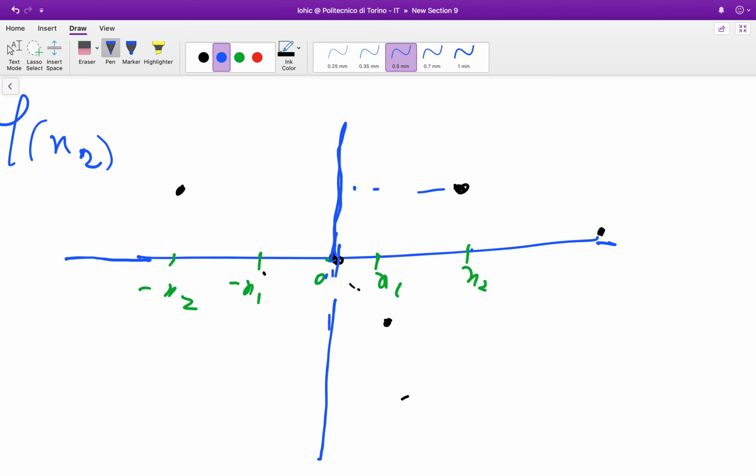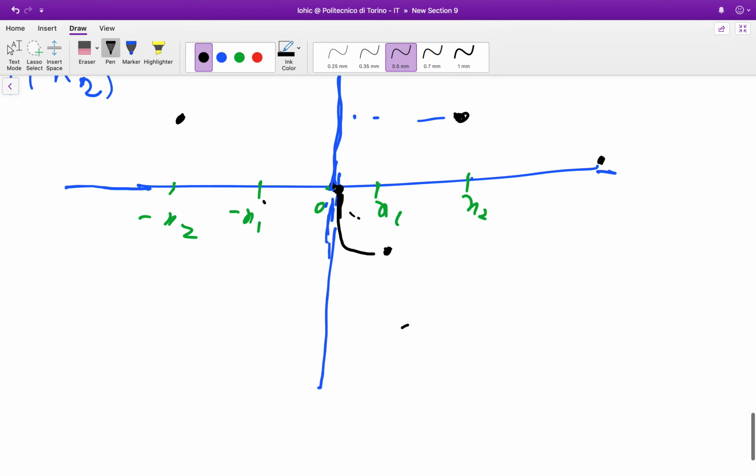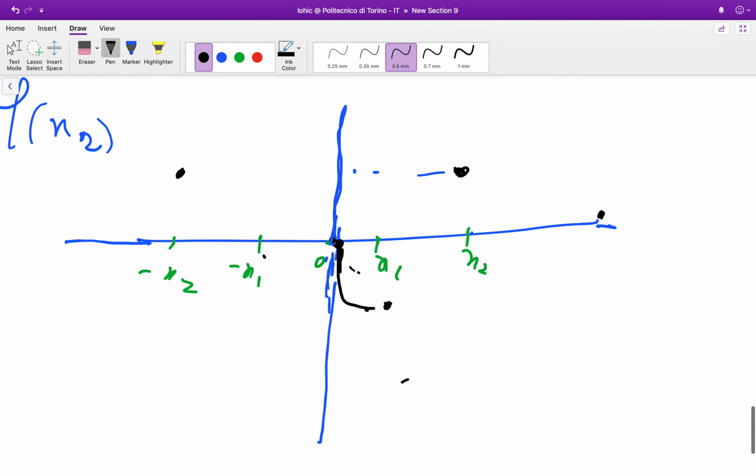It's better to use a smaller arrow. So let's draw. Remember that at 0 the tangent line was vertical, right? It means that the graph goes something like this. You got it? And then it goes, it's very vertical. Is that clear?